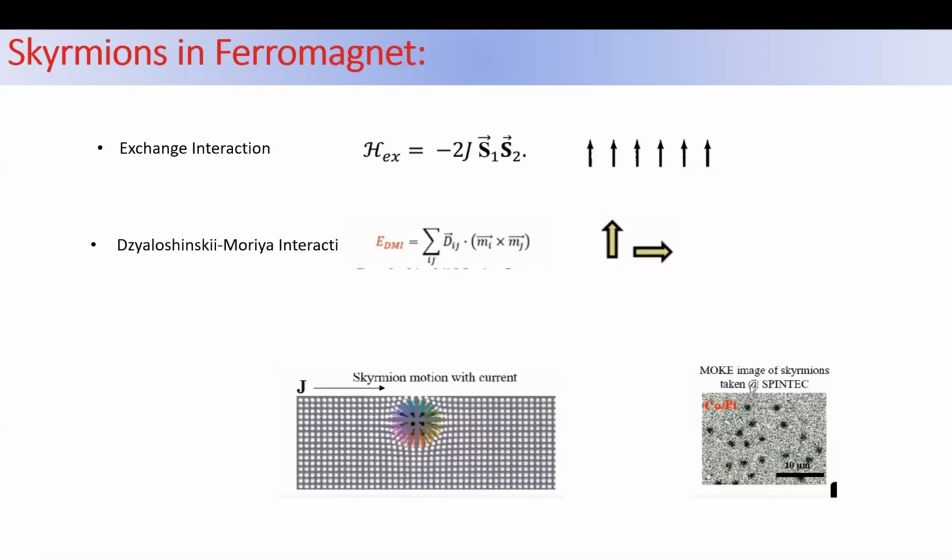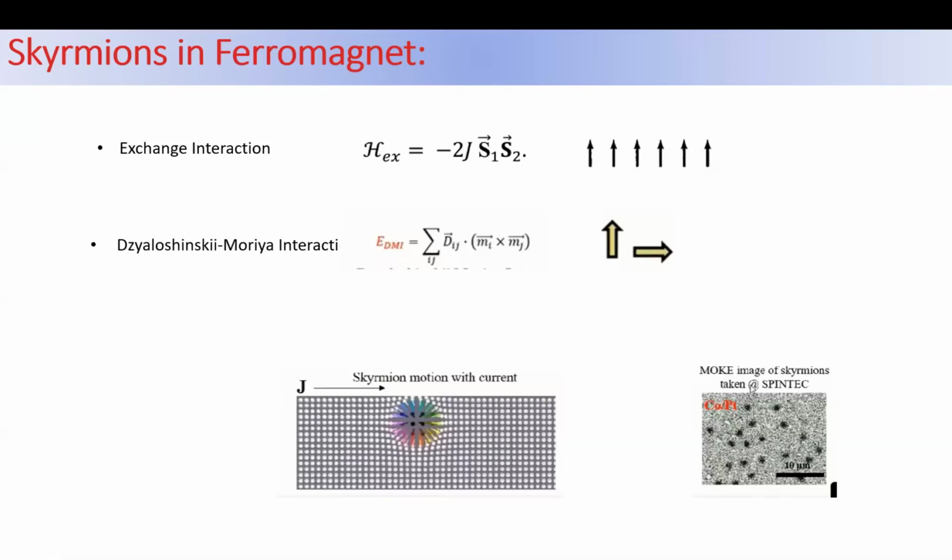So as a role play between these two interactions, the skyrmions form at the interface. So the skyrmions look something like this. We can't call them parallel to each other or perpendicular to each other.